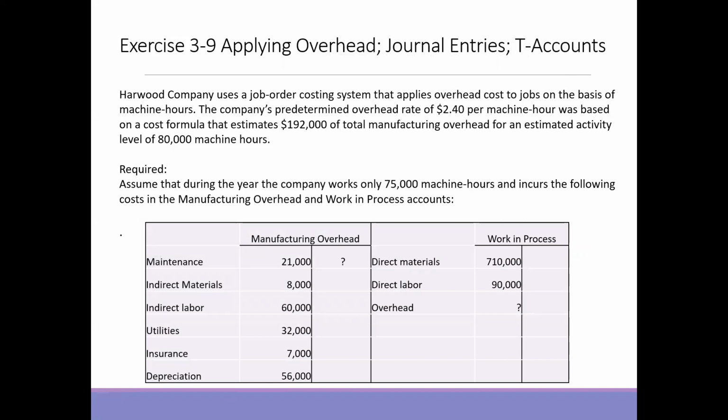Harwood uses a job order costing system that applies overhead cost to jobs based on machine hours. It has an overhead rate of $2.40 per machine hour, and we based that formula on 192,000 of total overhead with estimated machine hour activity of 80,000.